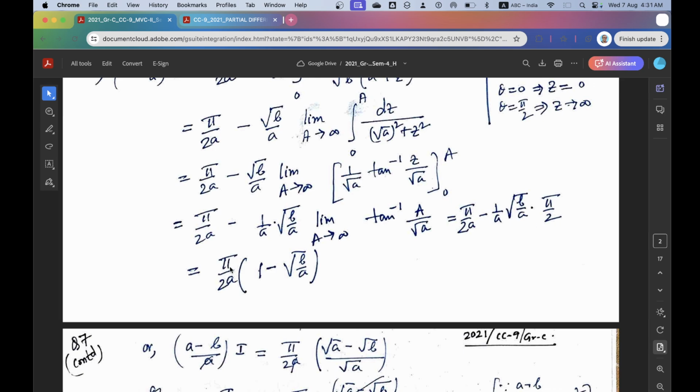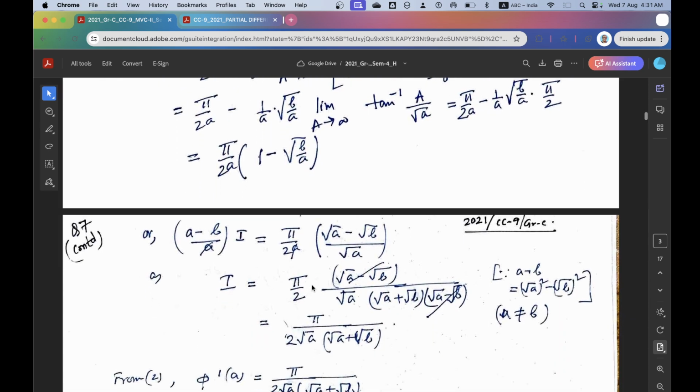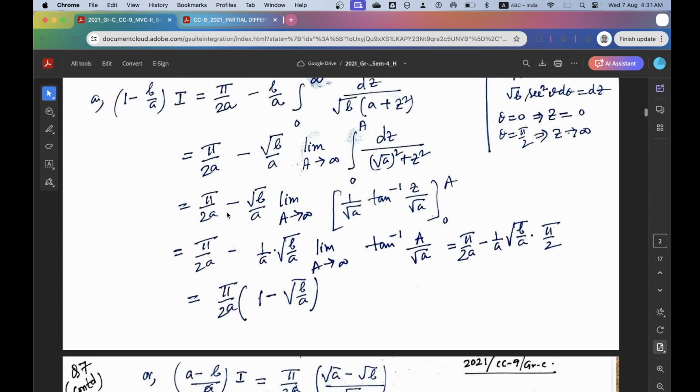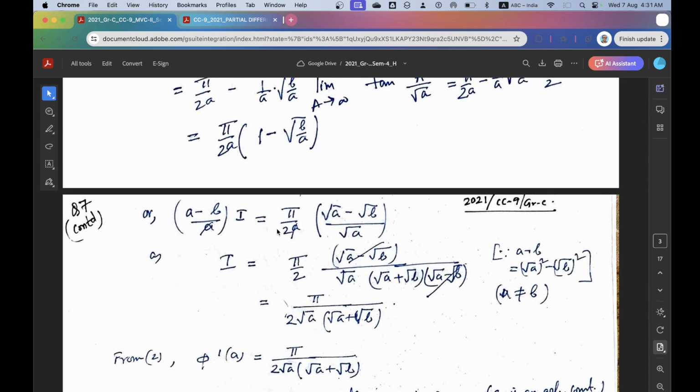So taking common pi by 2a, we get bracket 1 minus square root of b by a. So this a minus b by a into I equal to pi by 2a into square root of a minus square root of b by square root of a.